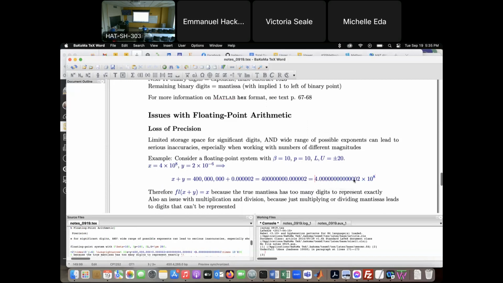And this number has more digits than that because of this wide disparity in magnitudes between x and y. So when I take FL, float, of x plus y, that means chopping this mantissa after 10 digits. In other words, this 2 at the very end gets lost. So x plus y in the floating point system is just equal to x, because y was too small relative to x to even have an impact.